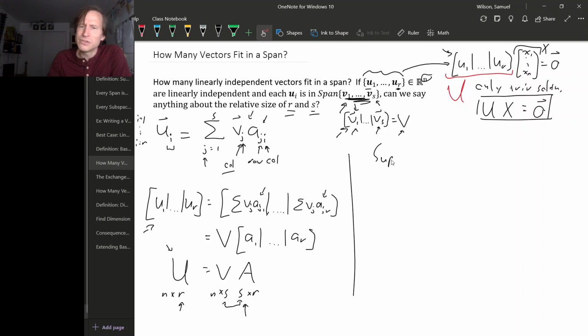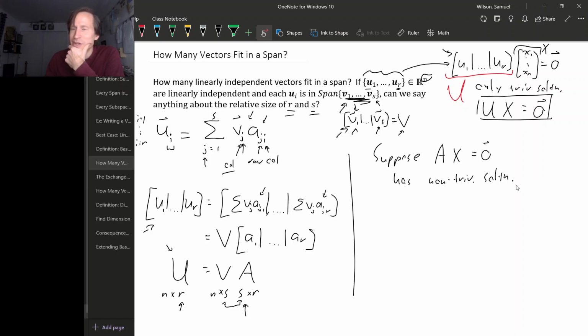Let's suppose that AX equals 0 has a non-trivial solution. Okay, in that case, maybe we could call this the non-trivial solution.